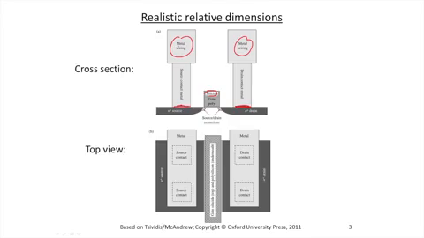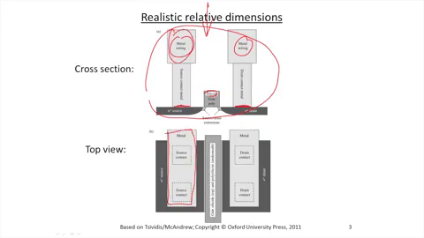Here is a view of this as you look at it from above. So as you look at it from above, you see a rectangle, which is the source, another rectangle, which is the drain, and you have metal. This metal here corresponds to this area.